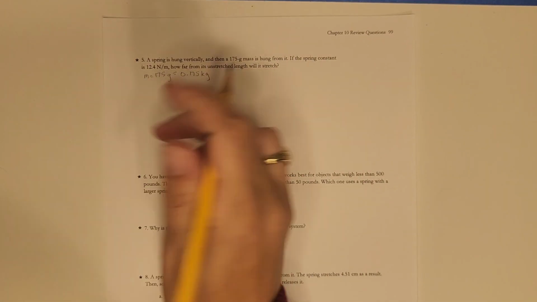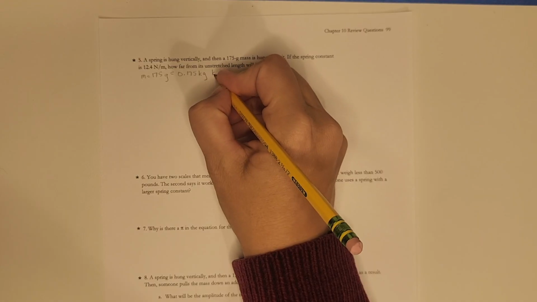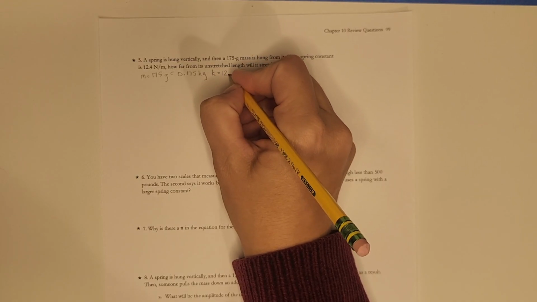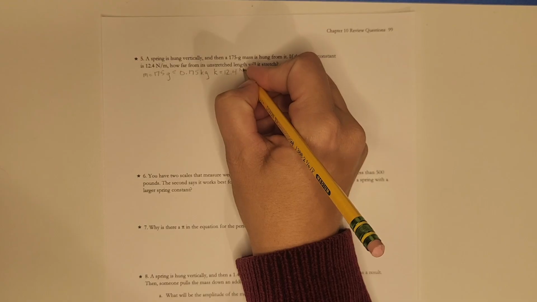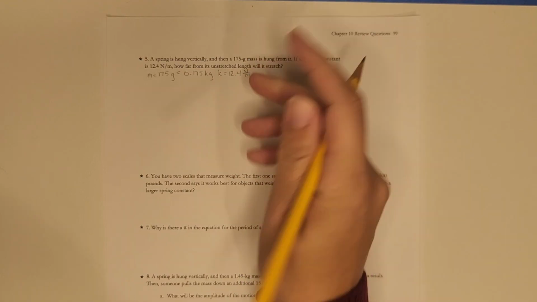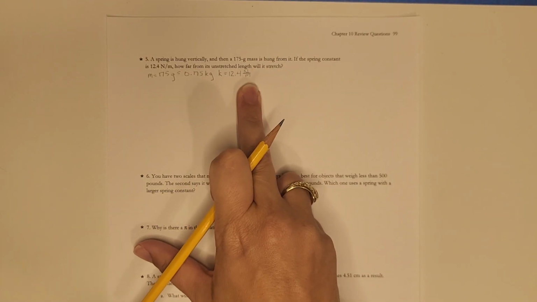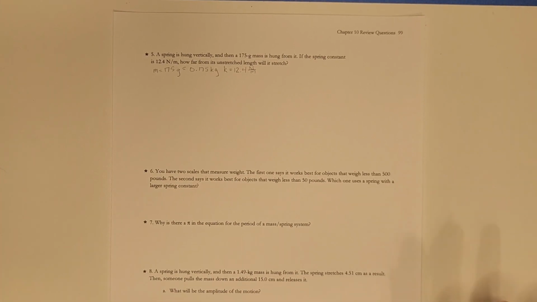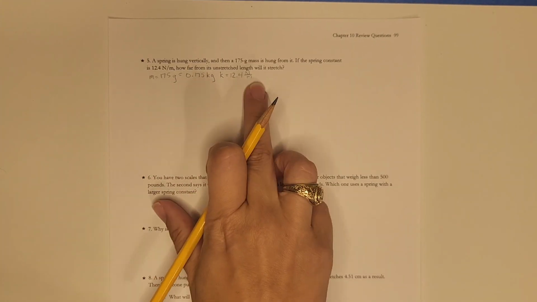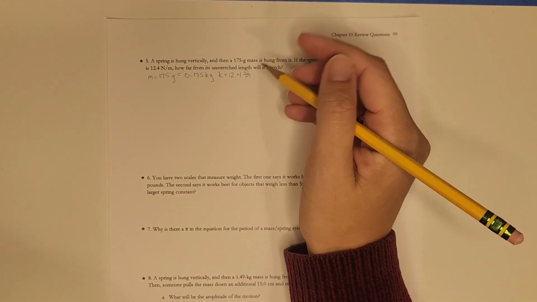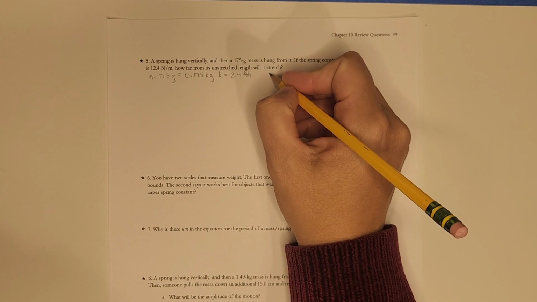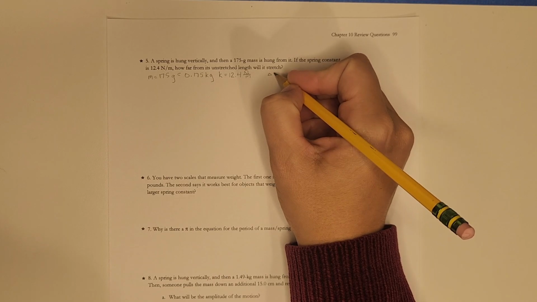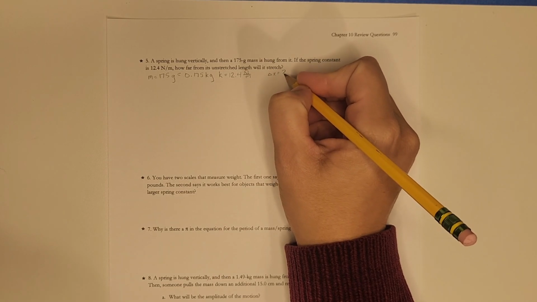And we're given the spring constant, our k, equals 12.4 newtons per meter. And that k always has that newtons per meter unit associated with it. And we want to know how far from its unstretched length it's going to stretch when that mass is hung from it. So what we're wanting to know is the delta x.